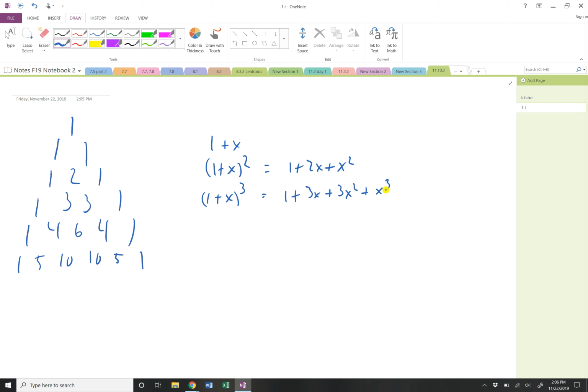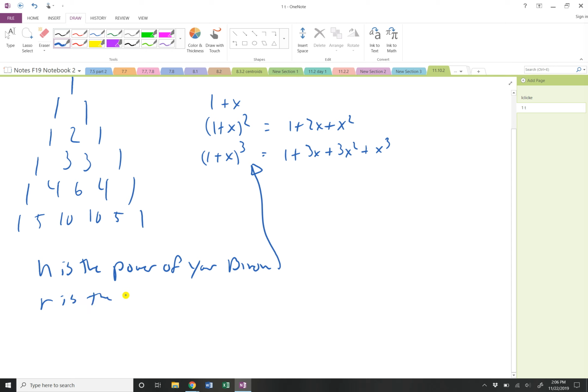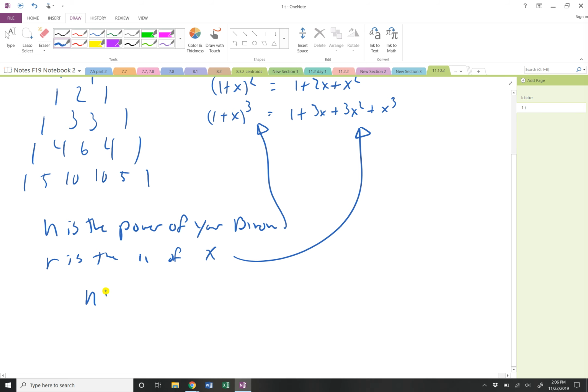And there's formulas for these. If n is the power of your binomial, and r is the power of x, then the formula is n factorial over r factorial times n minus r factorial.